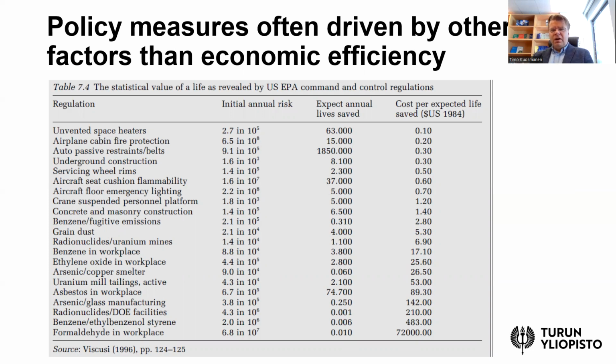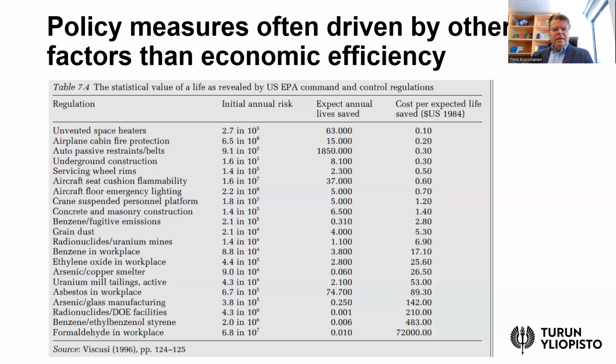The United States Environmental Protection Agency has applied, and of course continues to apply, lots of different types of environmental regulations, and this study has estimated the expected number of lives saved per year, and the cost per expected life saved. So taking this more economic valuation approach to evaluate how costly these different kinds of regulations are.